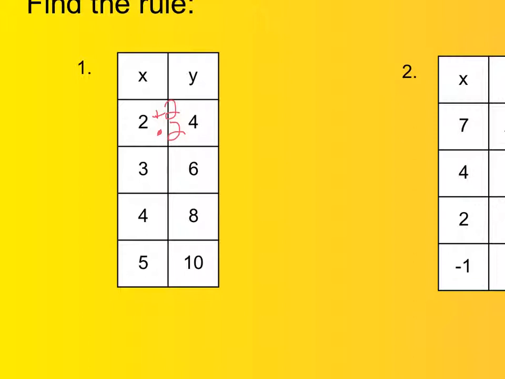Well, if I go 3 plus 2, that's not 6, so the adding 2 doesn't work. If I go 3 times 2, that gives me 6, so that looks good so far. So let's keep checking. 4 times 2, well, that's 8. 5 times 2 is 10, so there's my pattern. So I know I'm multiplying by 2.